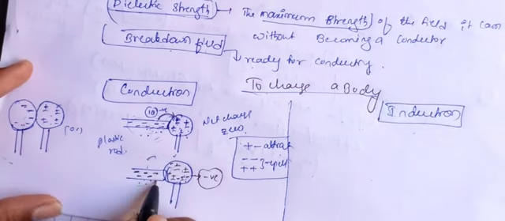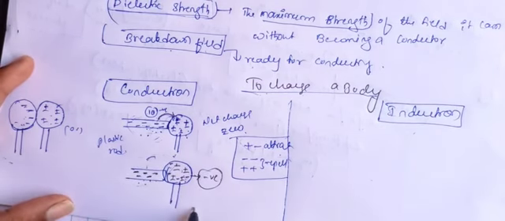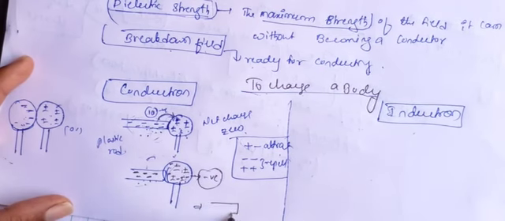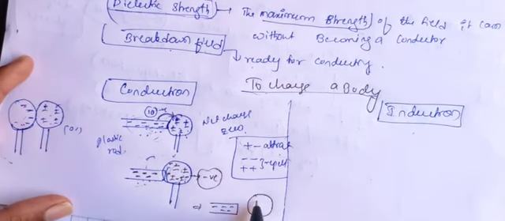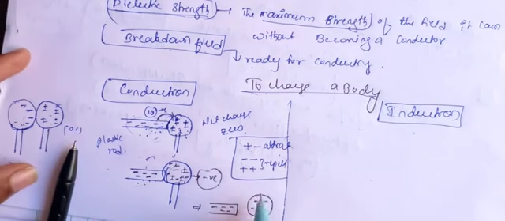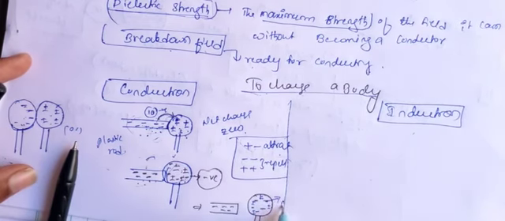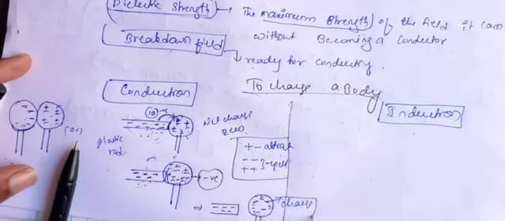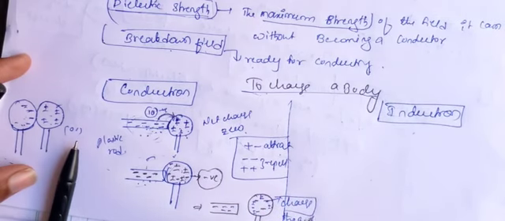That's why we get the result that these 5 charges remain like this, and we get 5 charges on this spherical ball, along with the initial charges, positive negative positive negative. So that's how we can charge the body like this.